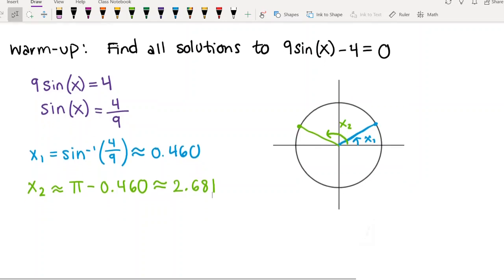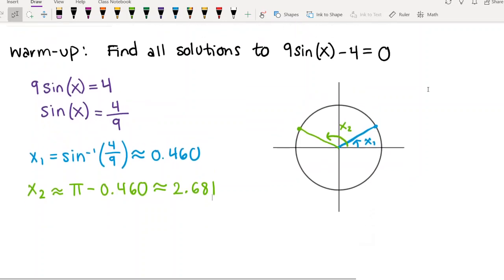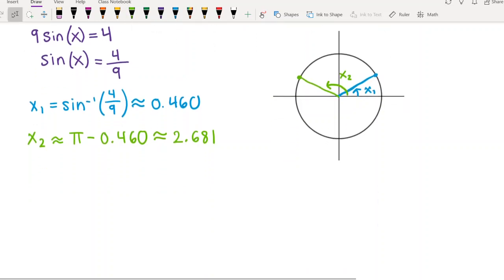Okay, so the last step, if we're trying to find all solutions, we need to also include any angle that is coterminal with those two angles. And so the way that we do that is we tack on the plus 2 pi k thing. Like I said, you can still write x1 and x2, or you can just say x. It doesn't really matter.